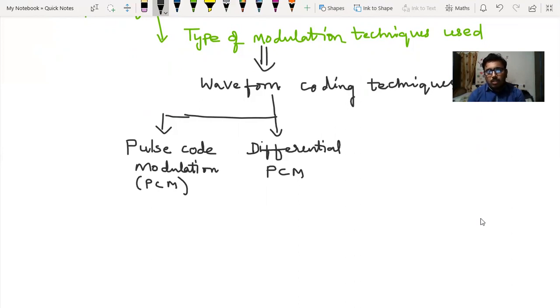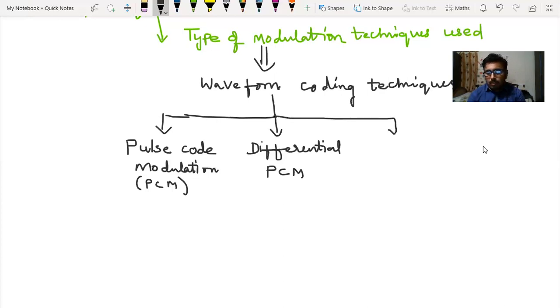So we come across reduction techniques in bandwidth, and different techniques come into the picture. All of these use the same aspect of waveform coding, but these many techniques exist based on noise reduction and, second, bandwidth reduction.